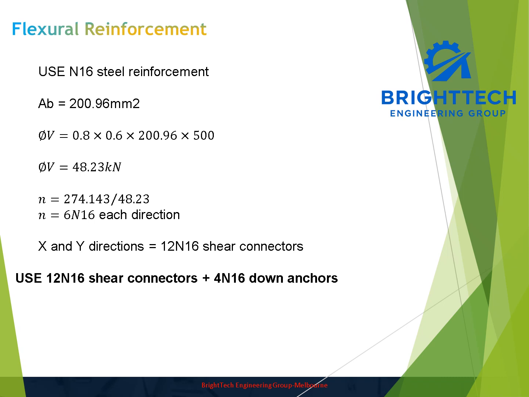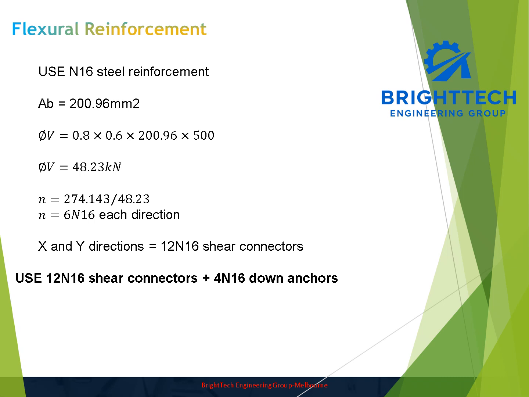And we have the applied shear force that we need to design for the vertical shear, and the shear capacity of each rebar is 48, so the number of required shear connectors is 6, so we have 12 in total for both x and y direction.